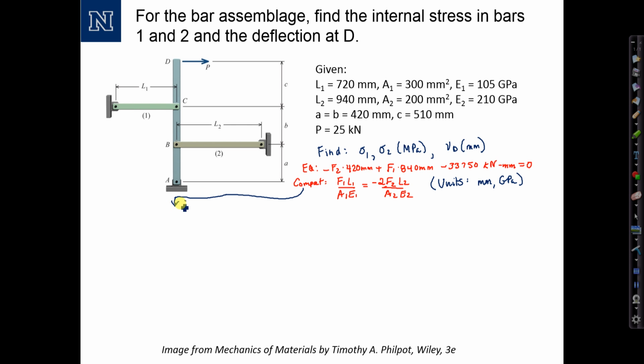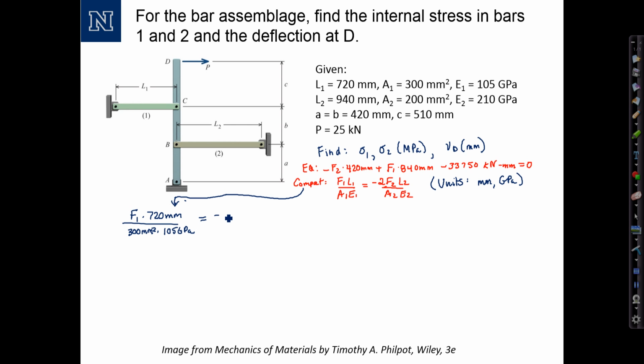So let's go over here to do our work and substitute in the known values. F1, L1 is 720 millimeters, A1 300 millimeters squared, times elastic modulus of 105 gigapascals.